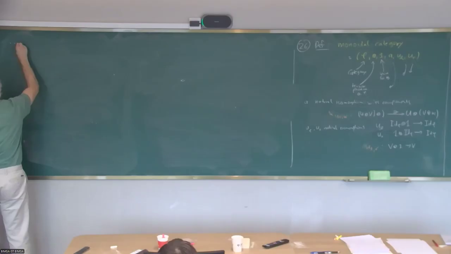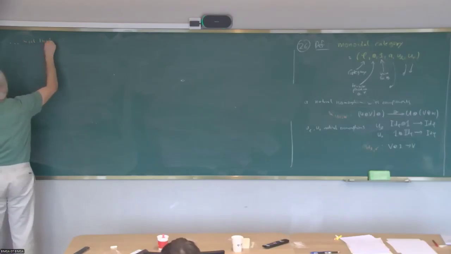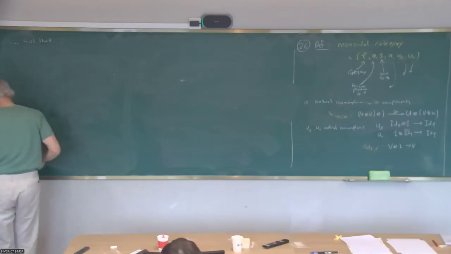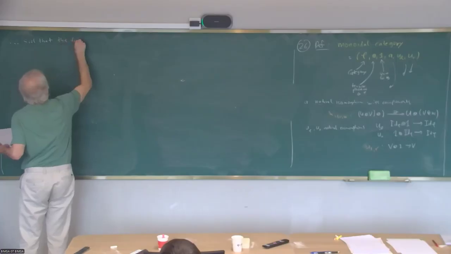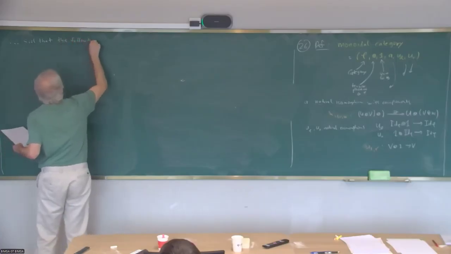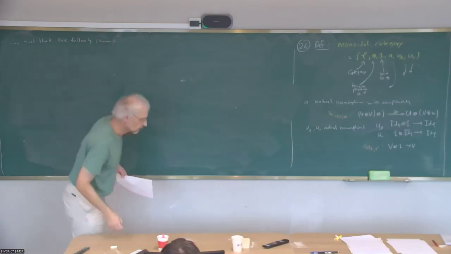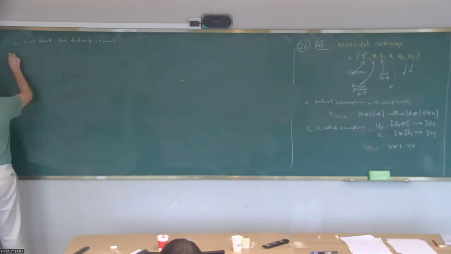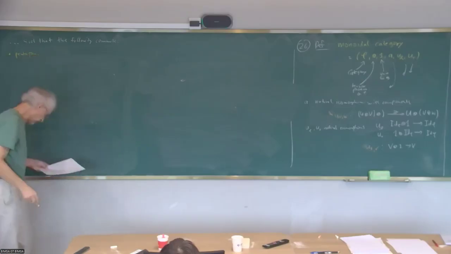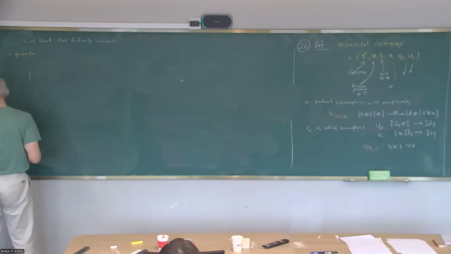This is continued such that the following diagrams commute. There's a diagram called the pentagon identity. This pentagon. And there are several possibilities to write it.